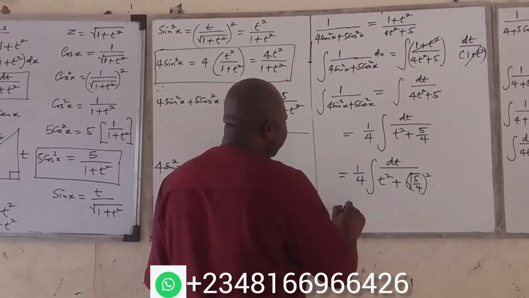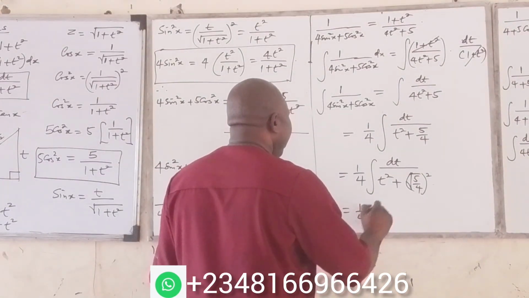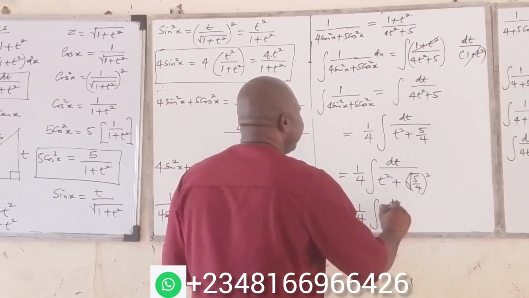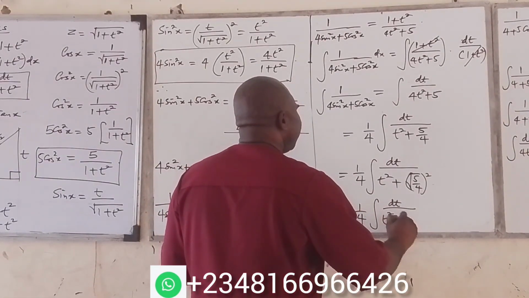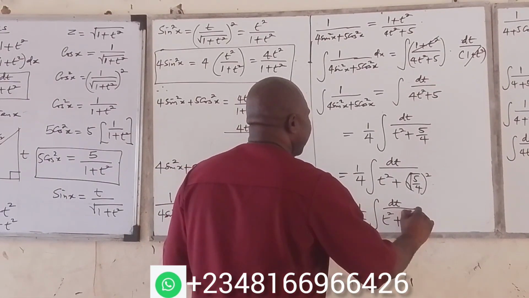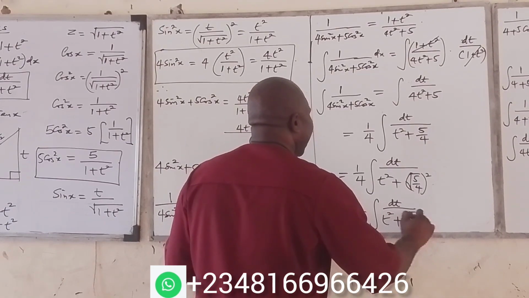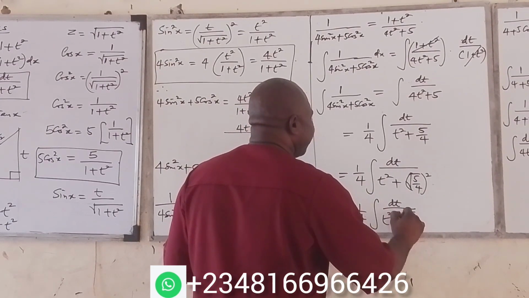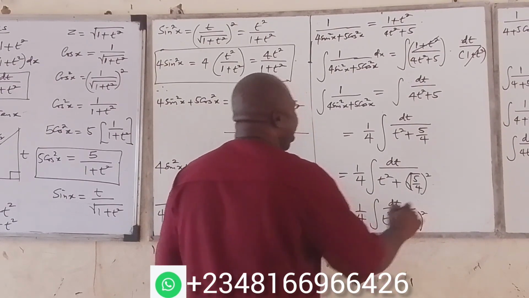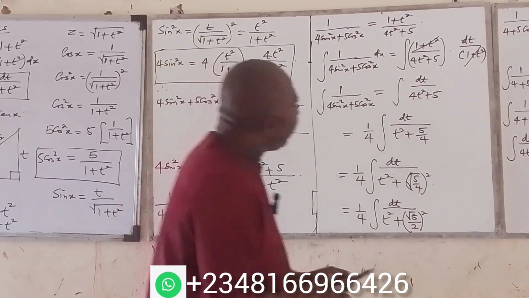And this will give us 1 all over 4 integral dt all over t squared plus the square root of 5 all over, the square root of 4 is 2, so we have square root of 5 all over 2 all squared.